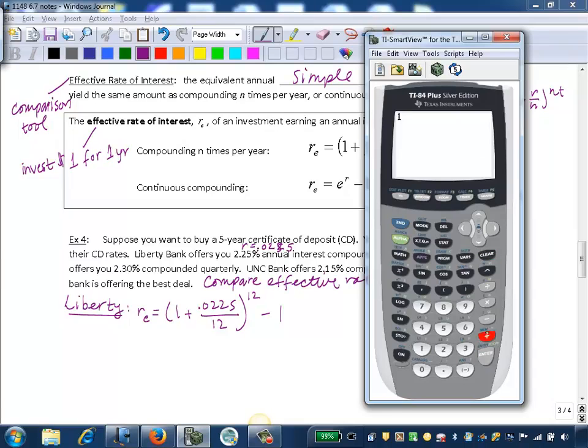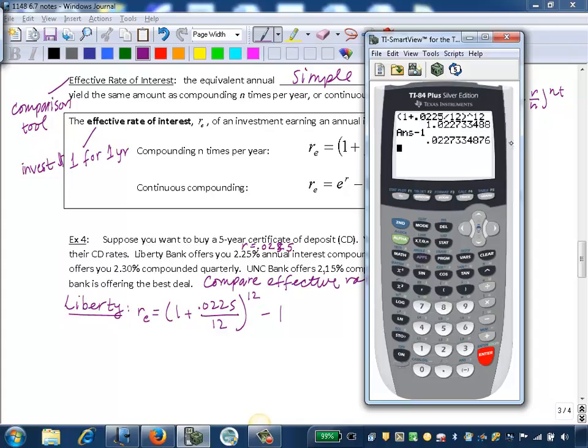We want parentheses, 1 plus 0.0225 over 12. Close those parentheses. Raise that to the 12th power. And you could either enter this and then subtract off 1, or you could enter it all as one entry. So this basically tells us if we invest $1 for 1 year at this interest rate, we would make 0.0227, etc., dollars.